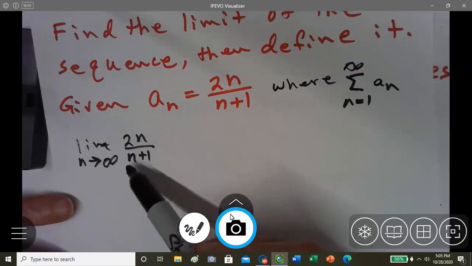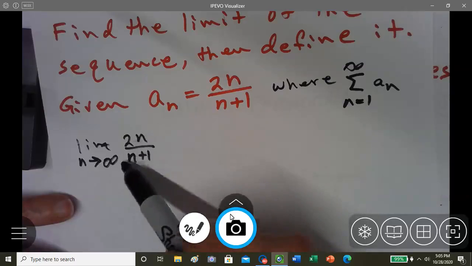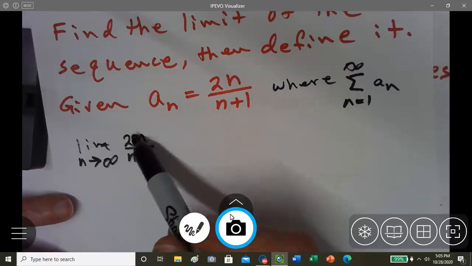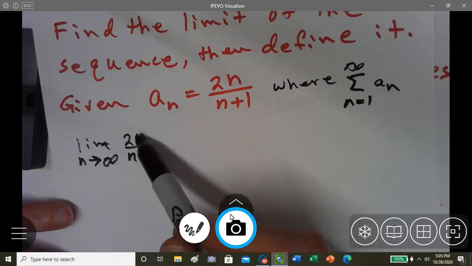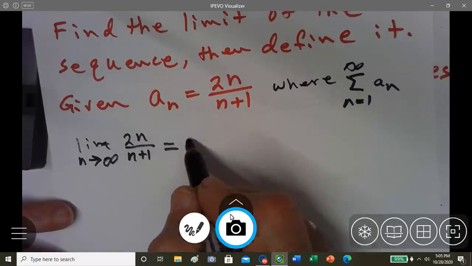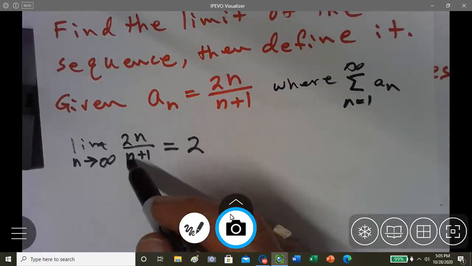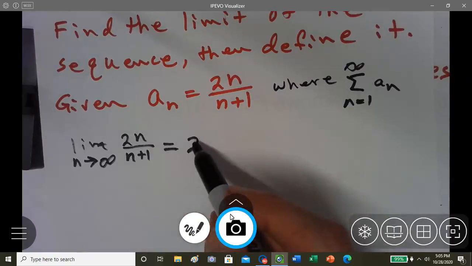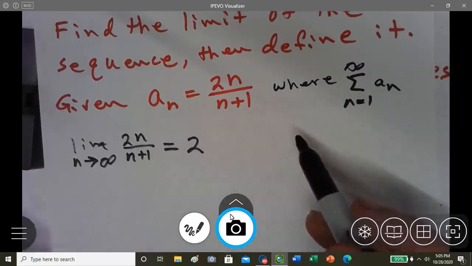And since the degree of the numerator is the same as the degree of the denominator, the limit is going to be the coefficient of your highest degree terms, which is 2 over 1. So our limit is 2. If the degree of the numerator was less than the degree of the denominator, then your limit would be 0. If it's larger, then you have no limit.